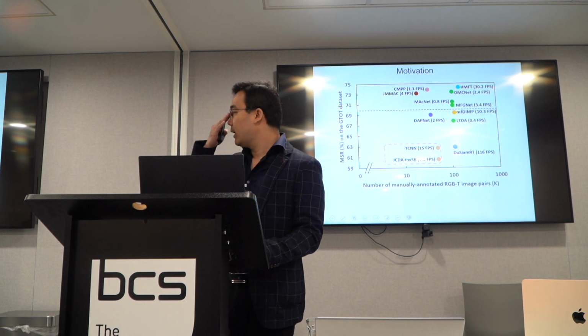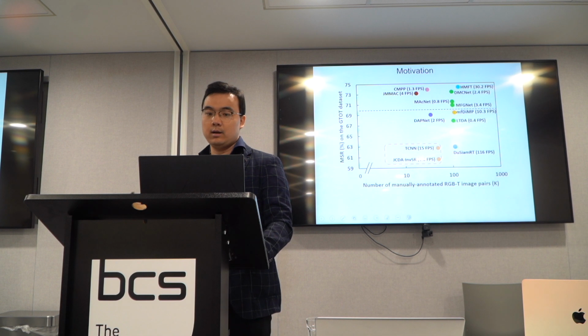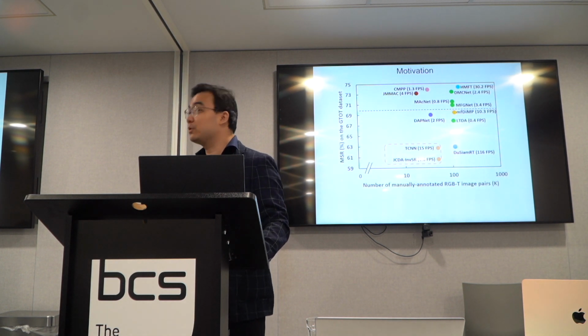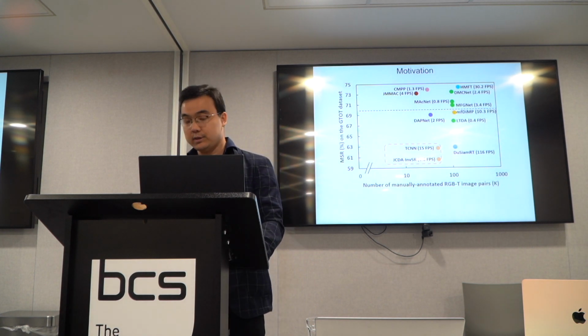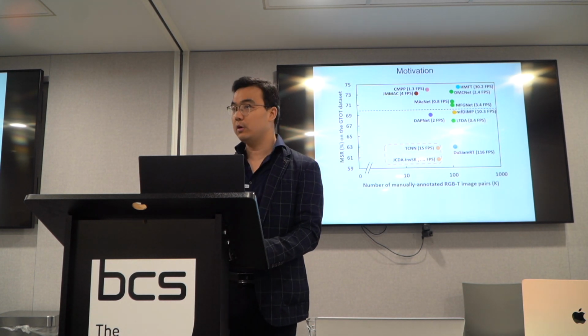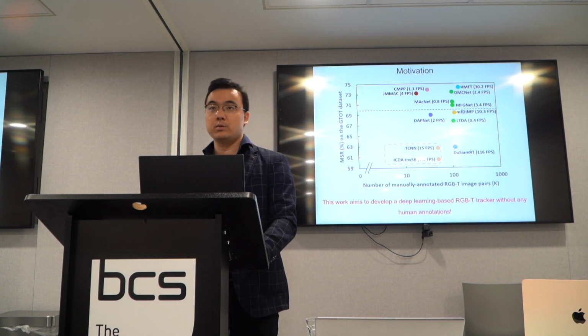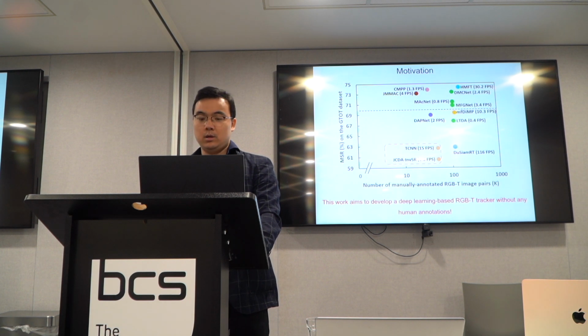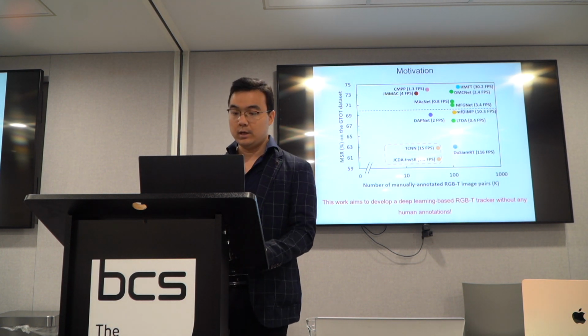As you can see, most of these trackers require a large number of annotated data for training. Because the labeling process is time-consuming and expensive, we hope to avoid this. So in this work, we aim to develop a deep learning-based RGBT tracker without using any human annotations.